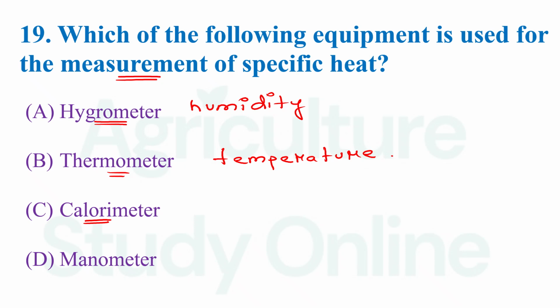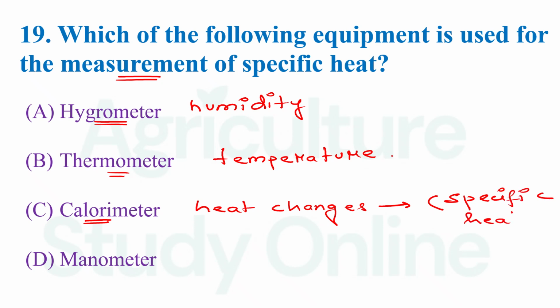It measures the heat changes, which helps calculate the specific heat. So the correct option is option C. Manometer measures the pressure. So the calorimeter is used to measure the heat, which is used to find the specific heat.